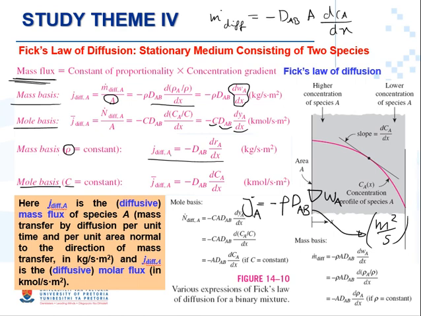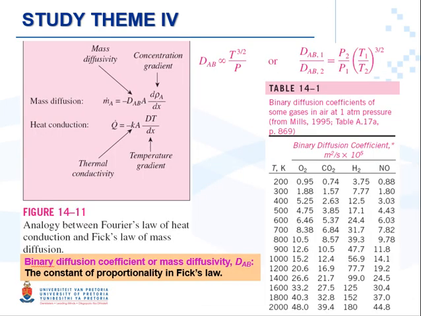If you go to the table, you can find that unit. Due to the complicated nature of mass diffusion, the diffusion coefficients are usually determined experimentally. Now that we realized what unit we are talking about, it's time to see how we can determine them. As I mentioned, they are complicated, usually determined experimentally.